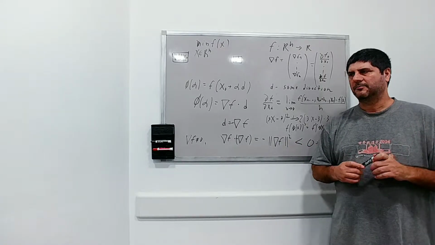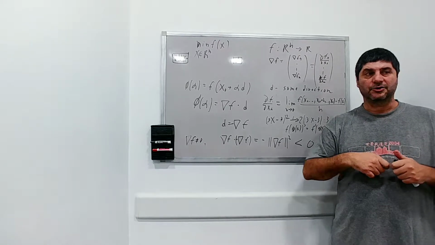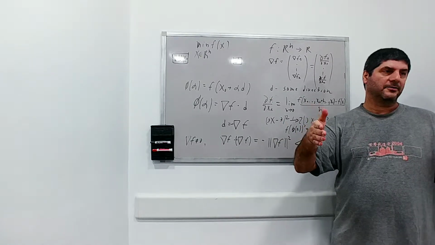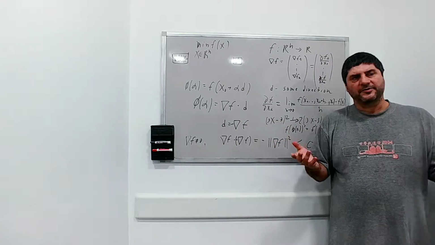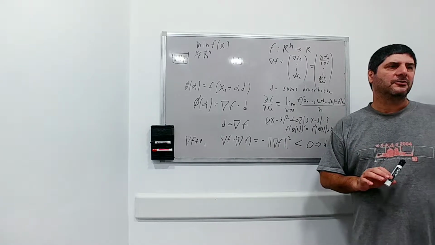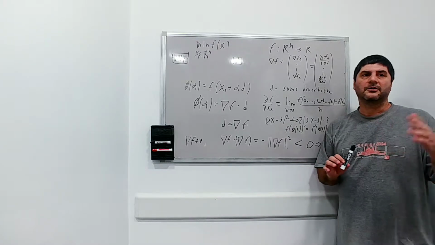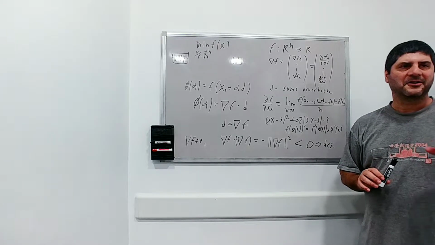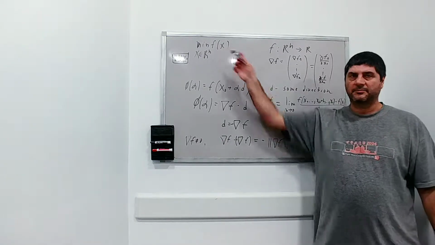And maybe once we get to a local minimum, we can jump out of that area in some way to start the search again. But all we're interested in today is finding a descent direction and then connecting it to one of the main techniques that we use in optimization to find a minimum.